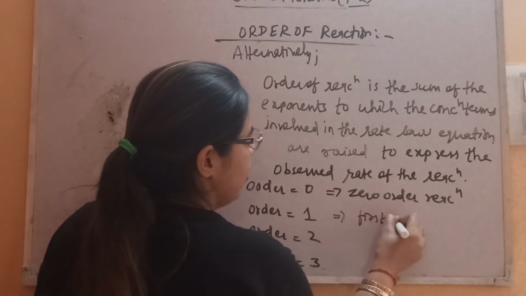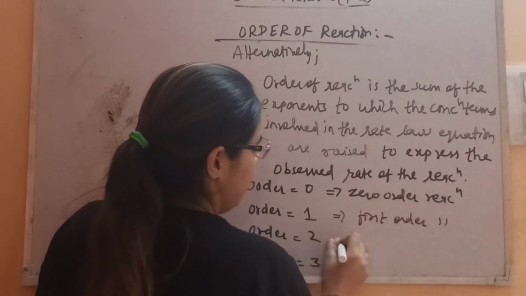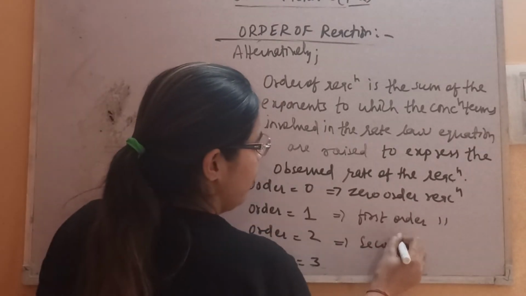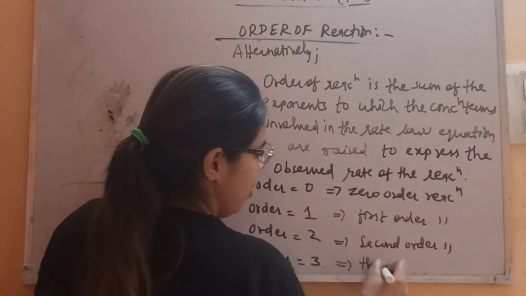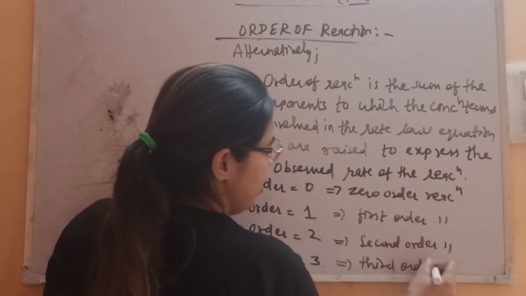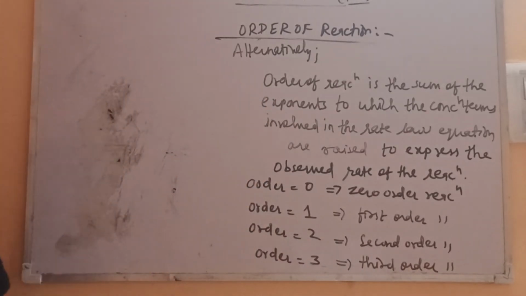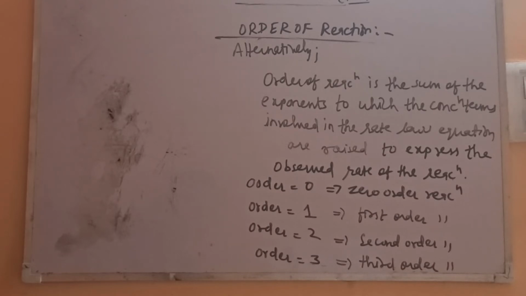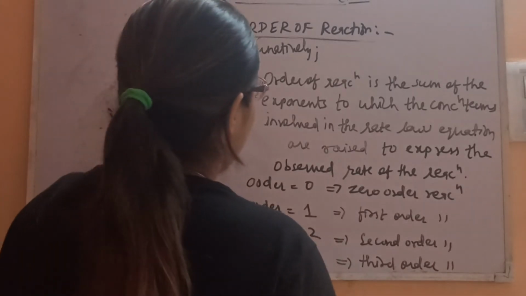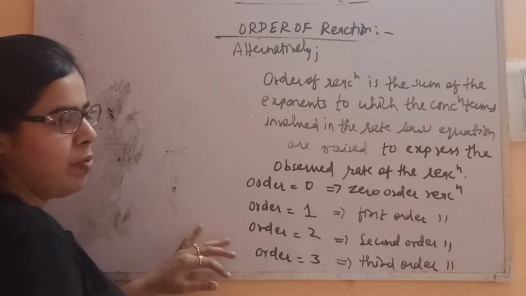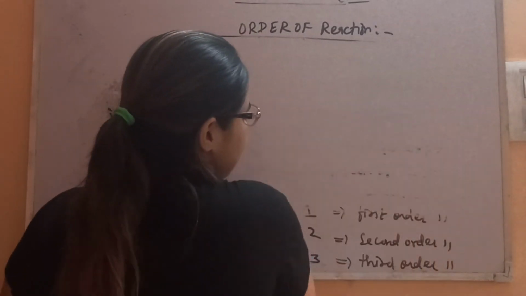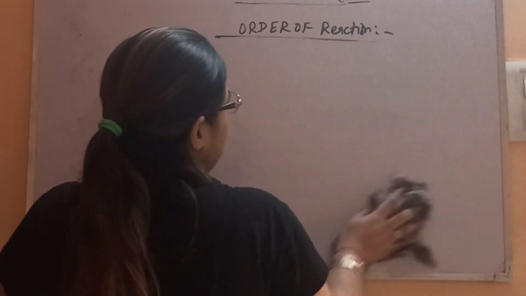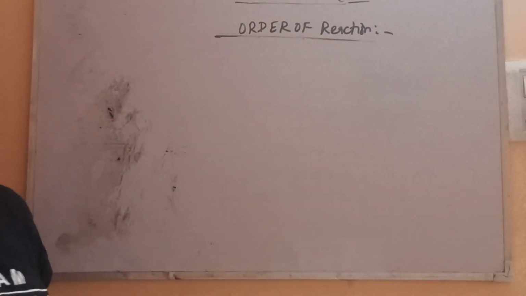First order reaction, then second order reaction, third order reaction. So you will be studying the kinetics of all these types of order of reactions. In your syllabus it is up to first order. Expressions are there but examples you have to study. So let's see its characteristics, one or two characteristics. The rest we'll see later on.